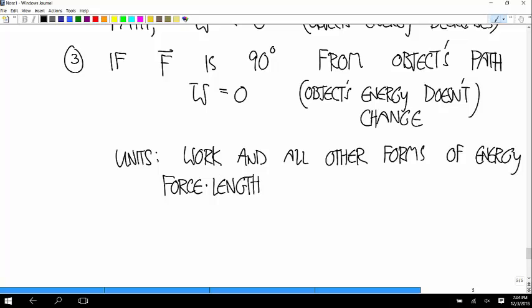And you can think of that as units of force times units of length, or you can break up force into units of mass times units of length, divided by time squared.